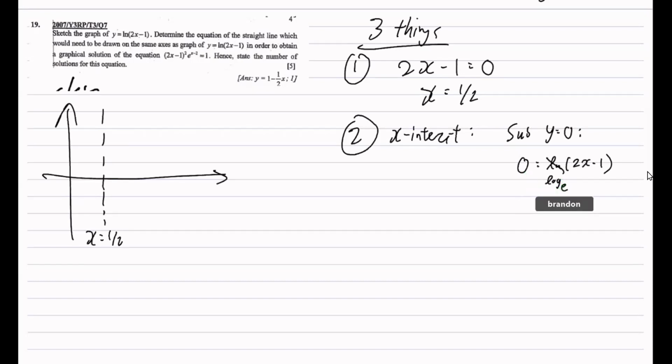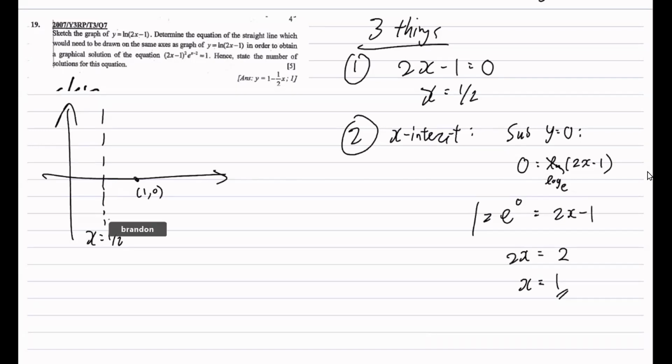Bring over e power 0, which is just 1. So it's equal to 2x minus 1. Solving for x, we get 2x equals 1 plus 1, which is 2, x equals 1. So we get a (1, 0) somewhere here. Actually, by now you can draw the graph already, right? It's just like this.